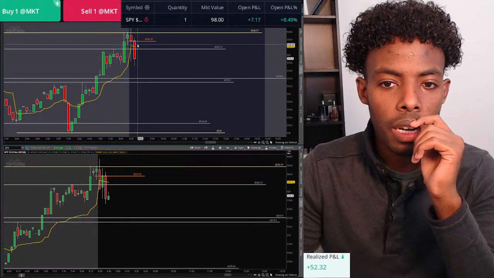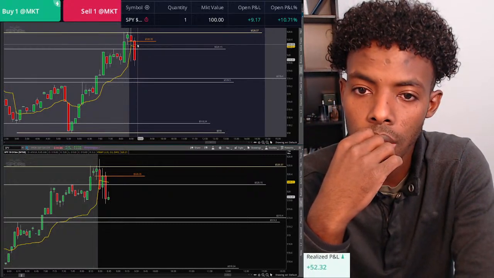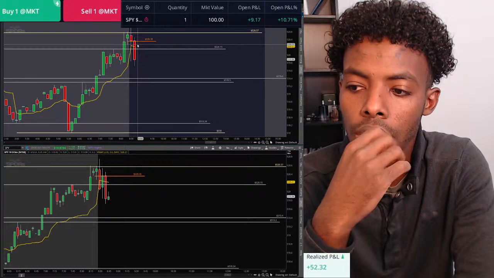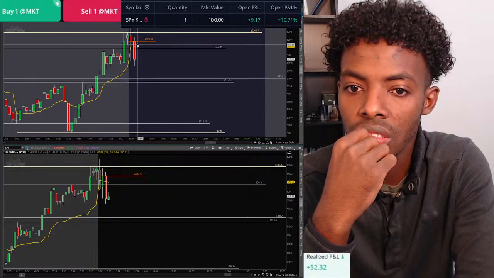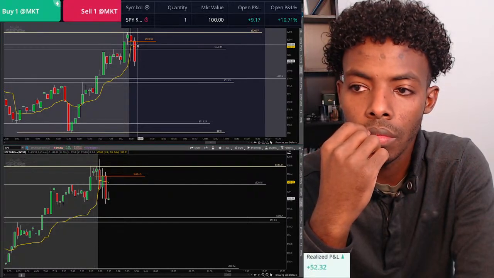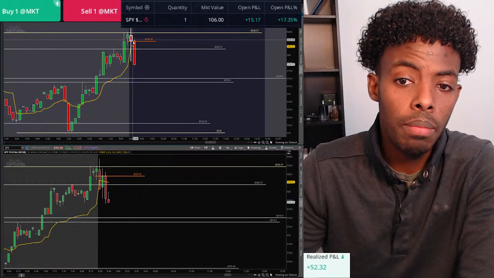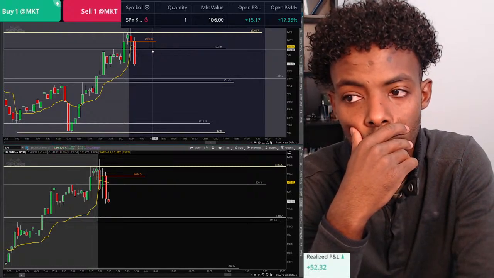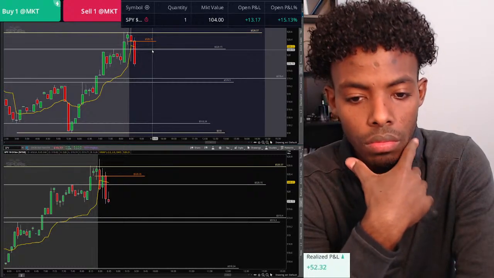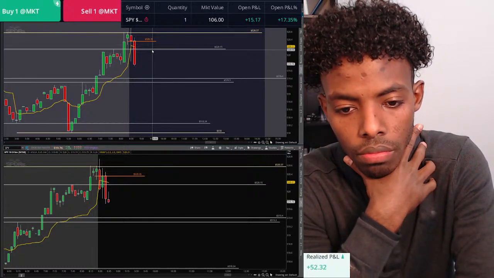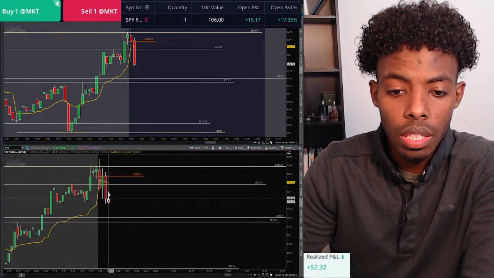Okay, we're getting a move up right now. We're going to be selling this at break even, by the way. If we were to retrace up, we're just going to get out at break even, basically. Okay, the 5 minute right now is showing, look at the wick in the 5 minutes.